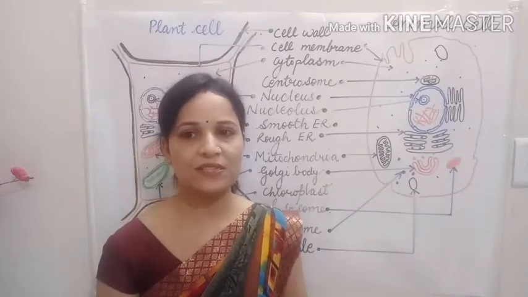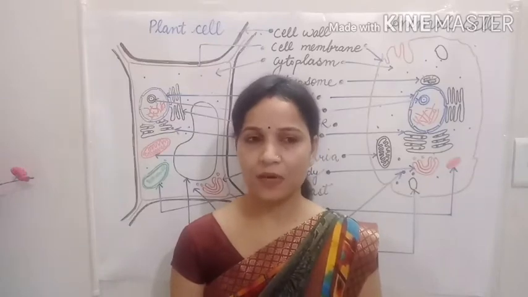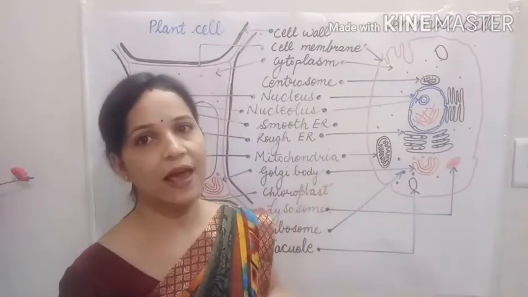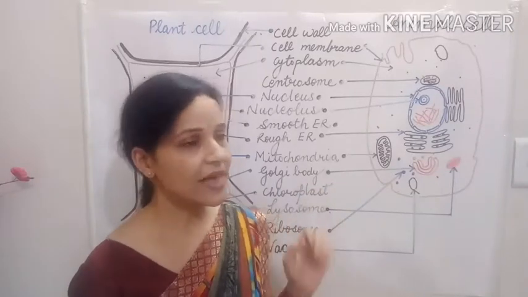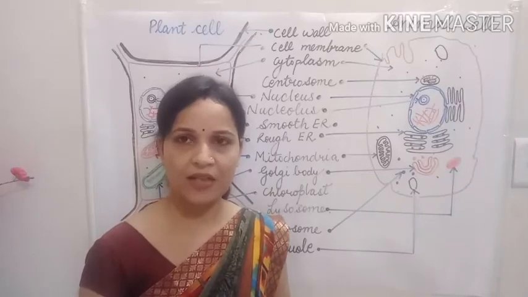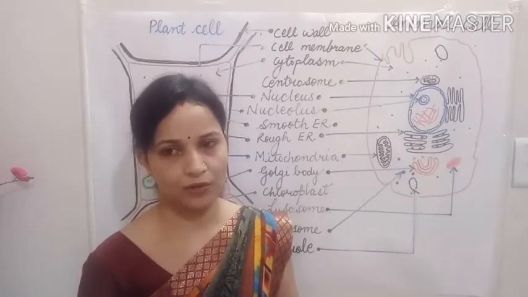First of all, we will start from the outermost part of the cell, that is the cell envelope. The cell envelope includes cell wall, cell membrane and cytoplasm. So first we will discuss the cell wall.